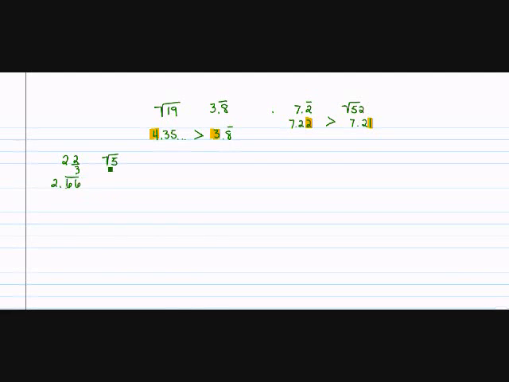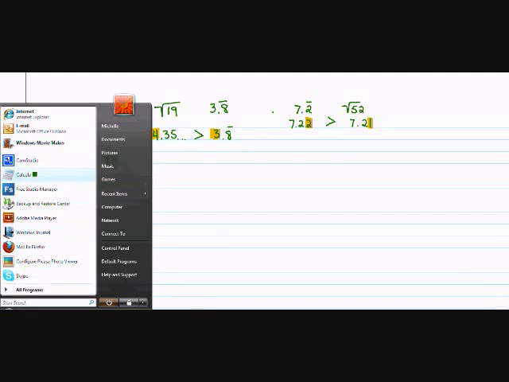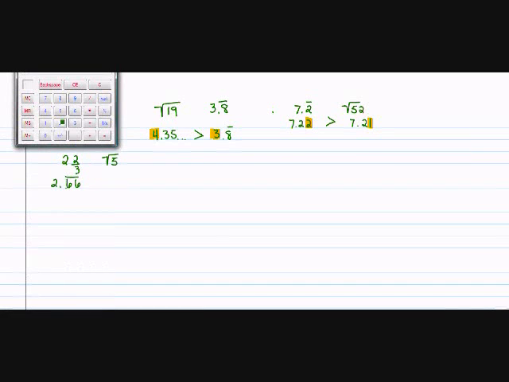Okay, and radical 5 or the square root of 5 is 2.23.